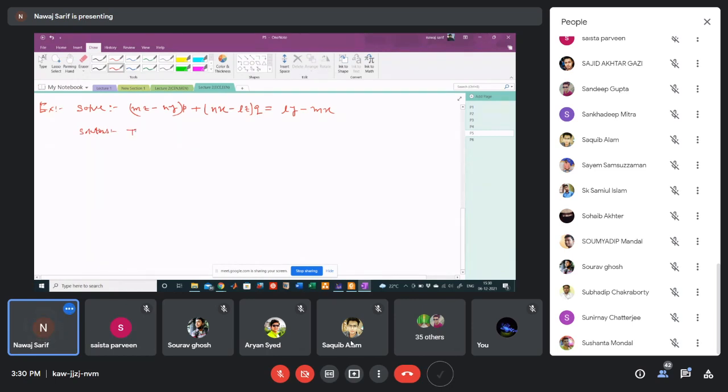The Lagrange's auxiliary equations are, first of all, write as dx by mz minus ny equals to dy by nx minus lz equals to dz by ly minus mx.